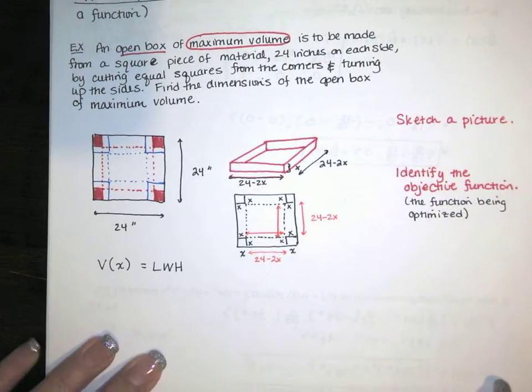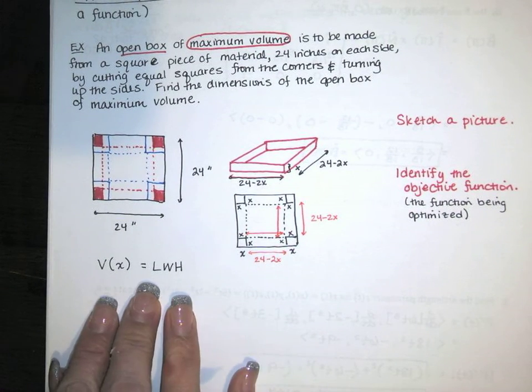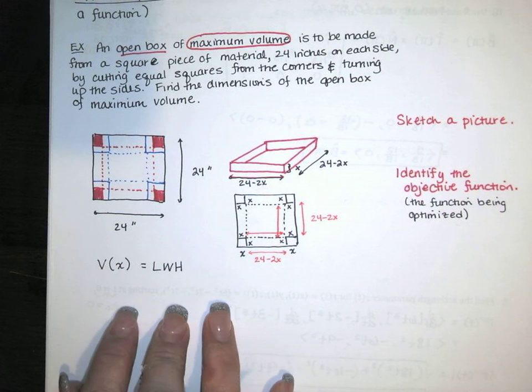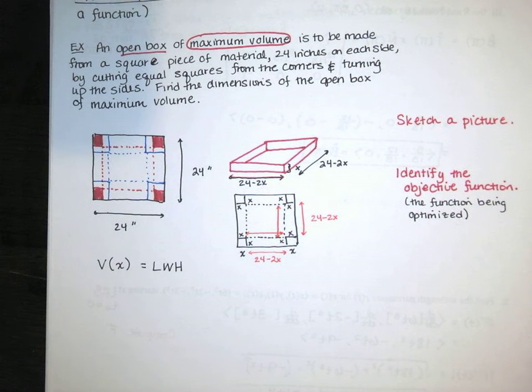So we identified the objective function, the function to be optimized. We've realized it was volume. And then the next thing we had to do was write this volume as a function of a single variable.